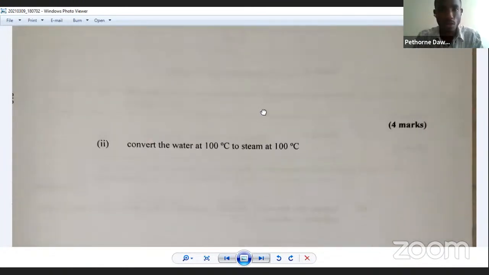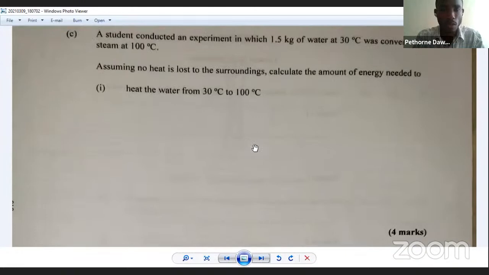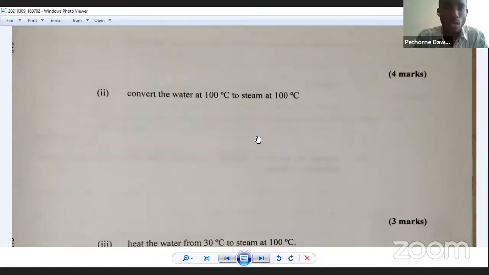So as I said before, heat from 30 to 100 is equal to mass times specific heat capacity times temperature change. That gives us 441,000 joules. Convert water at 100 to steam at 100 is equal to mass times latent heat of vaporization. That's 1.5 times 2.3 times 10 to the 6, which gives 3 million, and I believe it was 650,000, somewhere there.